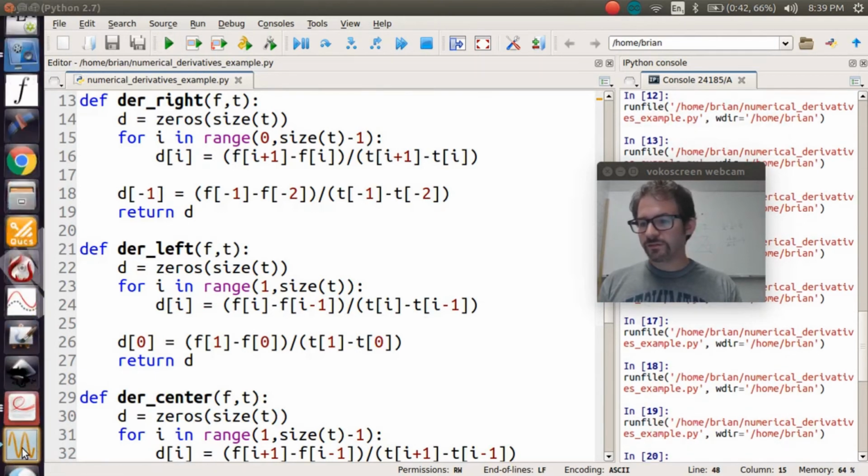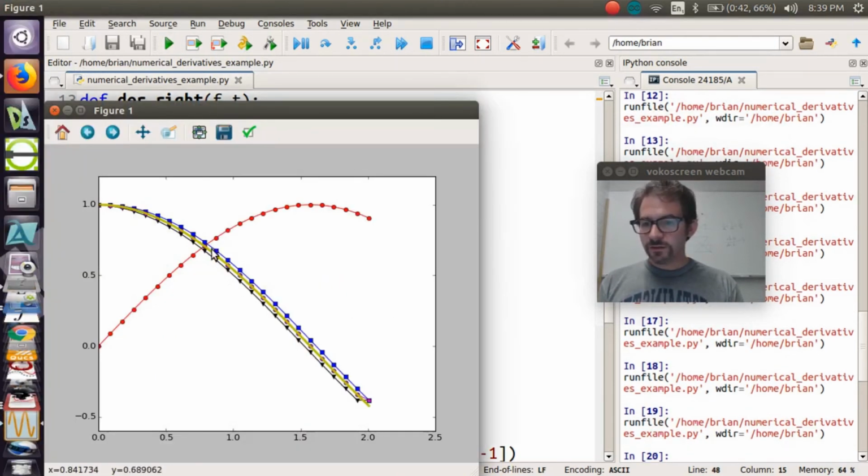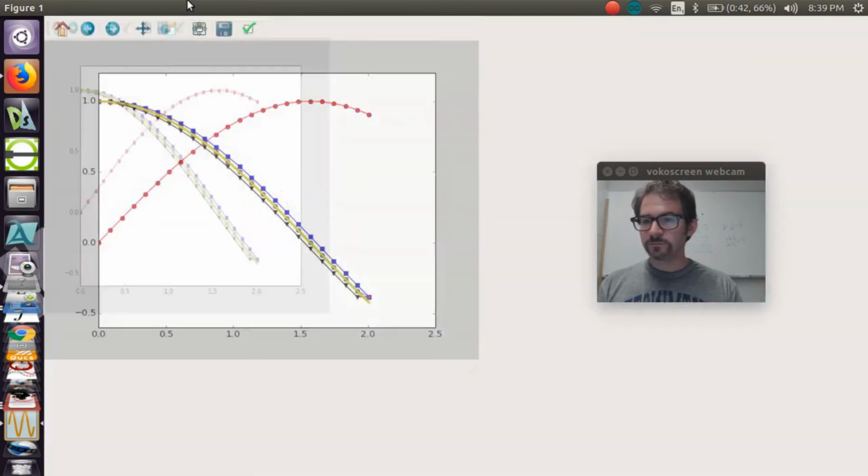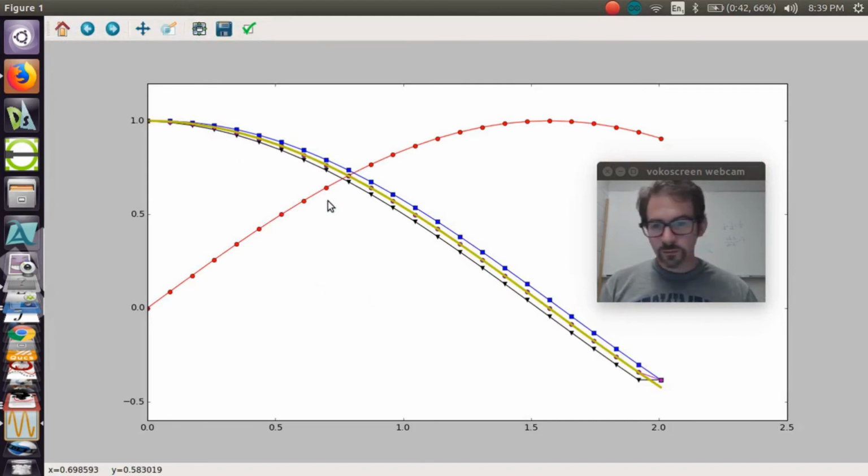So looking at that graph again, note that when I take the right derivative, I'm taking this slope and storing it in this point. When I take the left derivative, I'm taking this slope and storing it in this point. And when I take the center derivative, I'm taking the slope from the right to the left and storing that slope in this middle point.